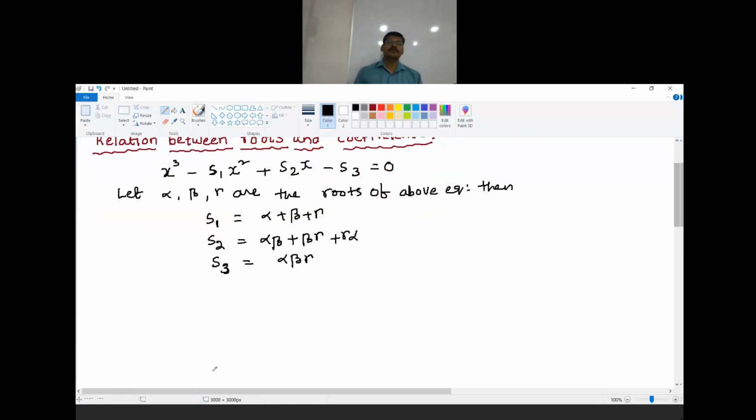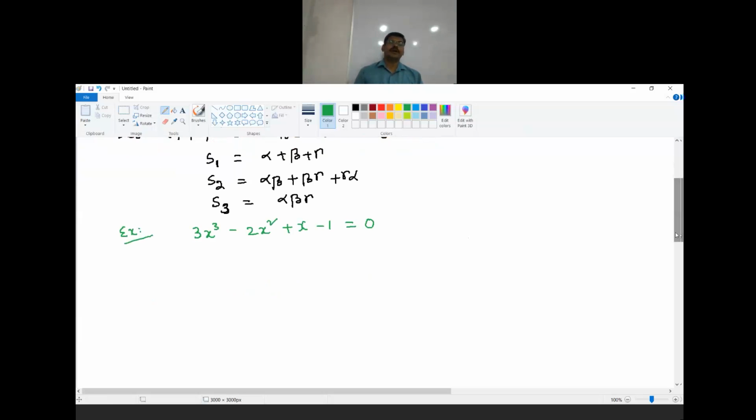Let us take an example: 3x cube minus 2x square plus x minus 1 equals 0. If alpha, beta, gamma are the roots of this equation, how do we write the relation between roots and coefficients? As I told you already, before we write the relation, we have to convert the given equation into standard form.